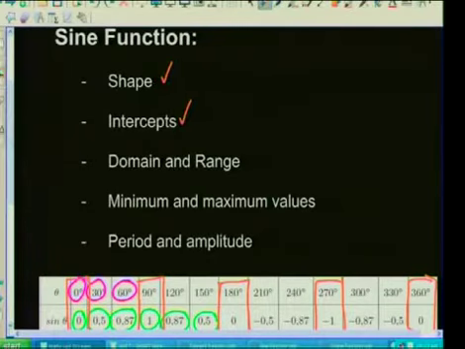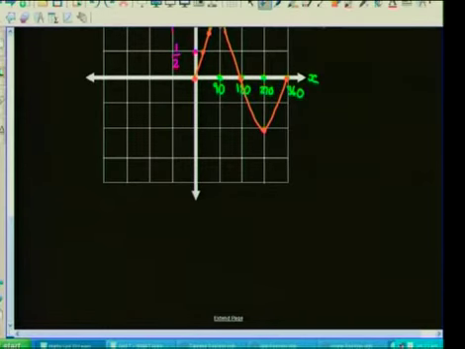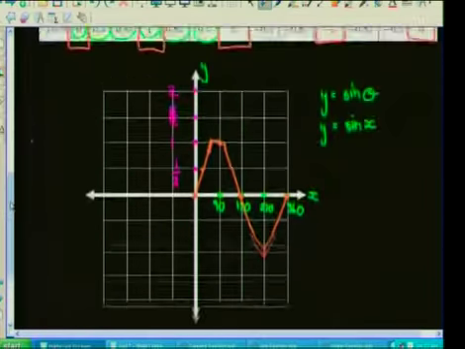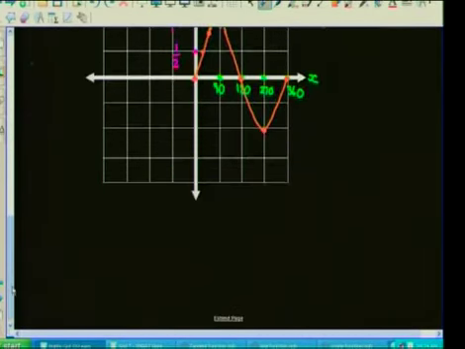So now let's have a look at these properties. What are the intercepts of our sine graph? And the most important ones, we've got lots over here, and it's the ones in orange that I've highlighted that we need to remember. So we start at our origin, and our first coordinate is 0 and 0.